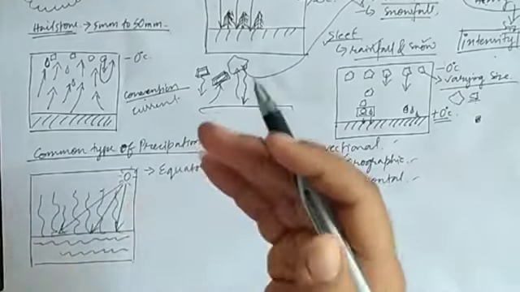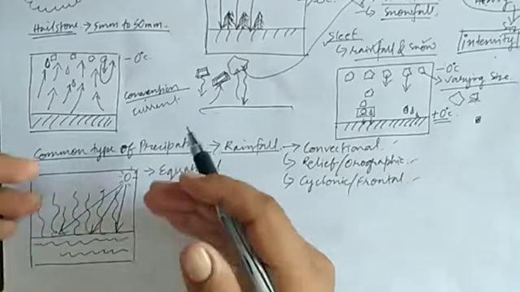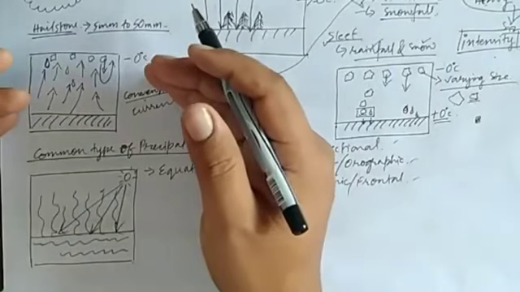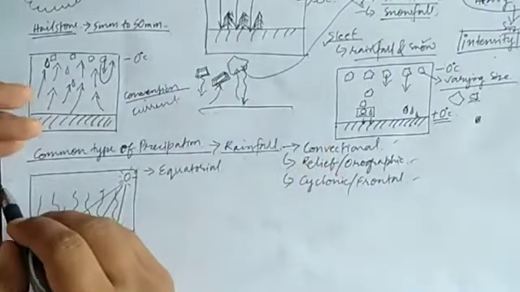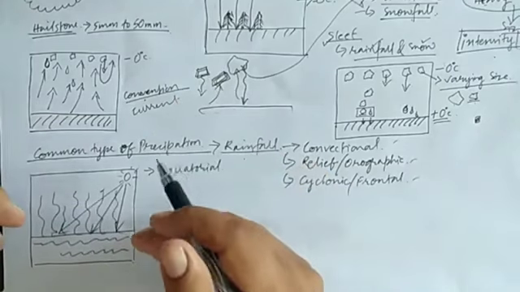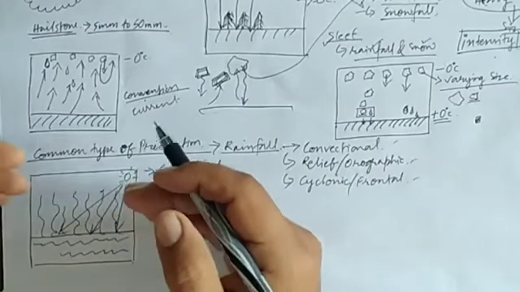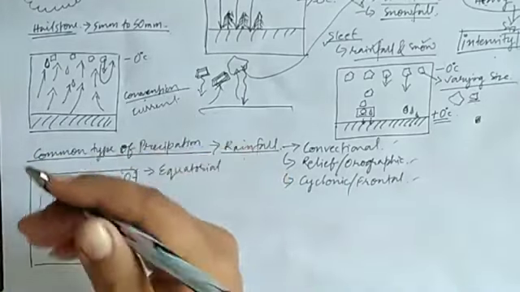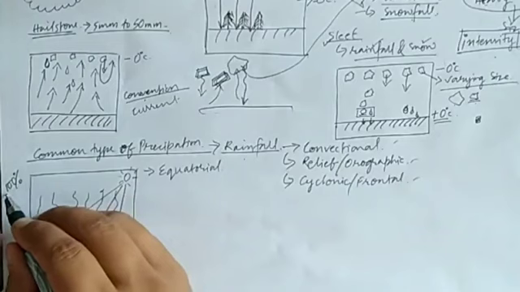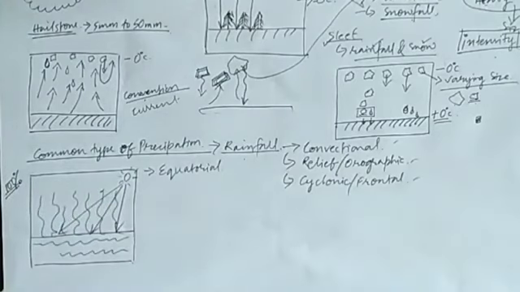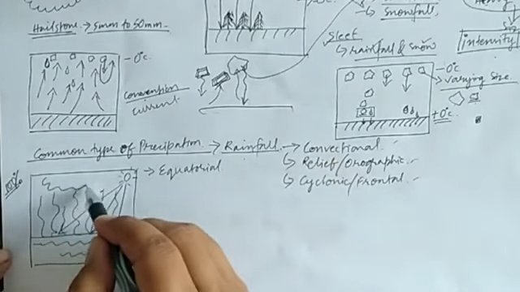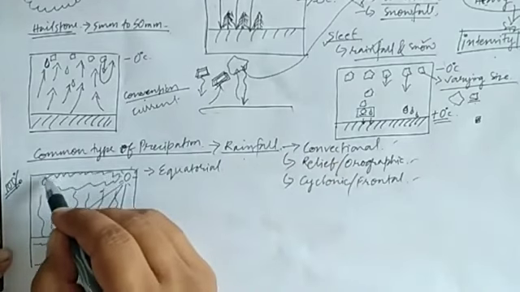Now that evaporated water vapor, when it goes to the higher altitude, where the temperature is always very low, and due to the large amount of water vapor, it will quickly reach 100% relative humidity. So as a result the condensation process will begin.